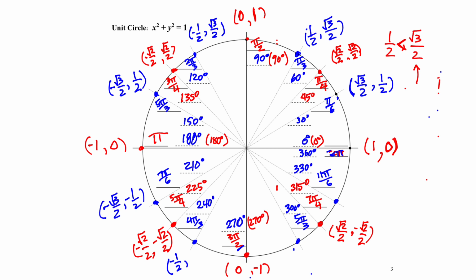They're just switching spots. Here we're just changing the signs, but the same numbers. Root 3 over 2 is now positive, and negative 1/2 is the y value. It's negative. Oops, I had those backwards. Sorry.